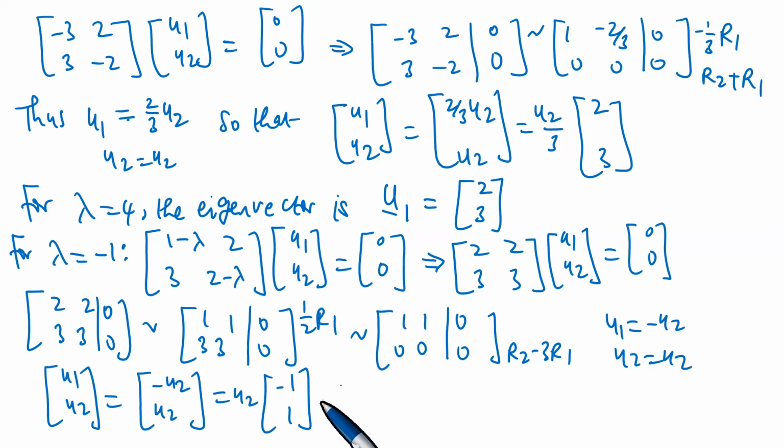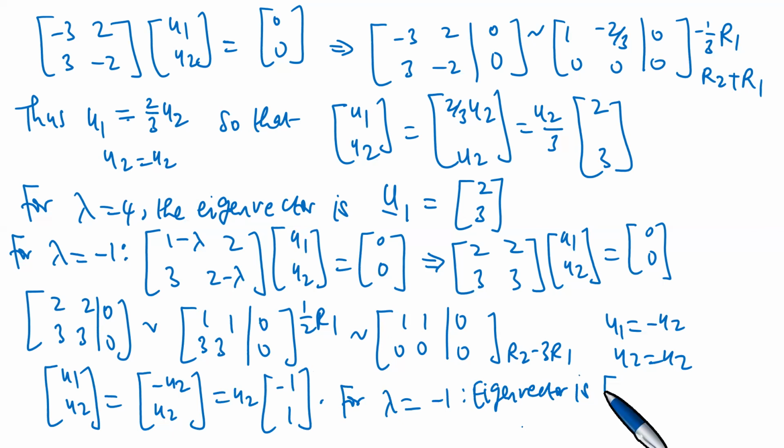For lambda equals minus 1, the eigenvector, we give it the capital name.